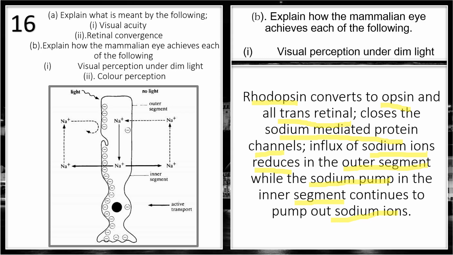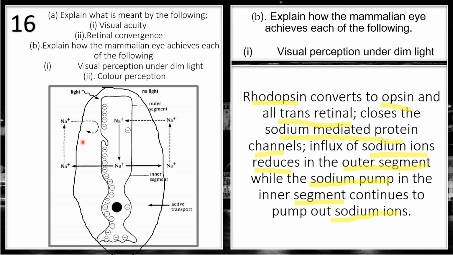continues to pump out sodium ions. So when the light reaches our retinal cell, the rhodopsin is going to change into opsin and all-trans retinol.